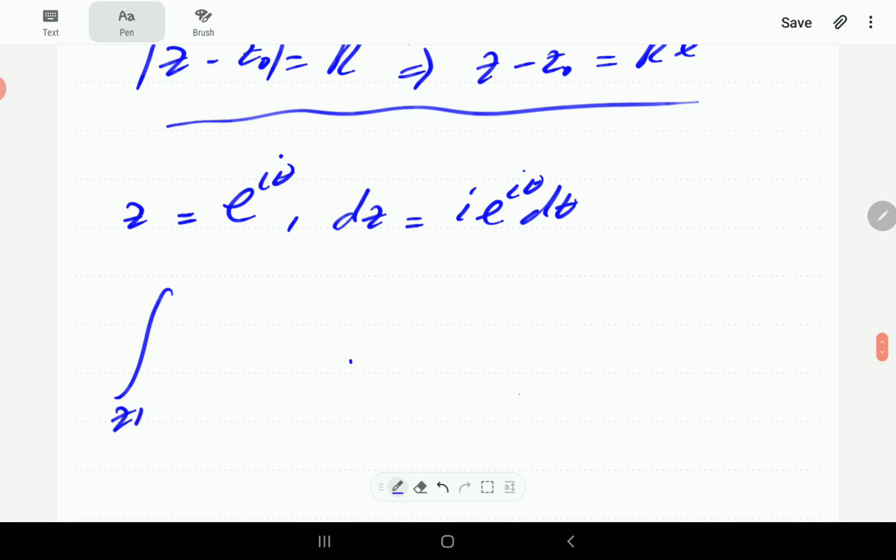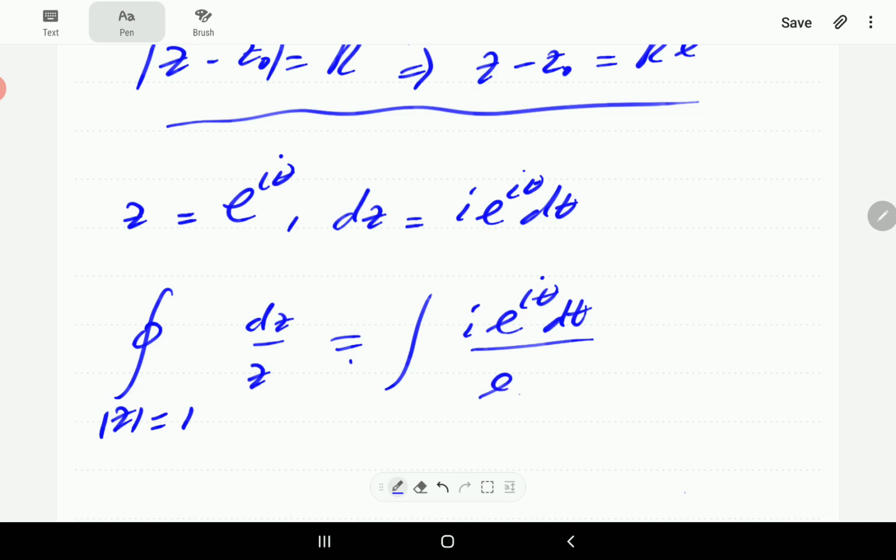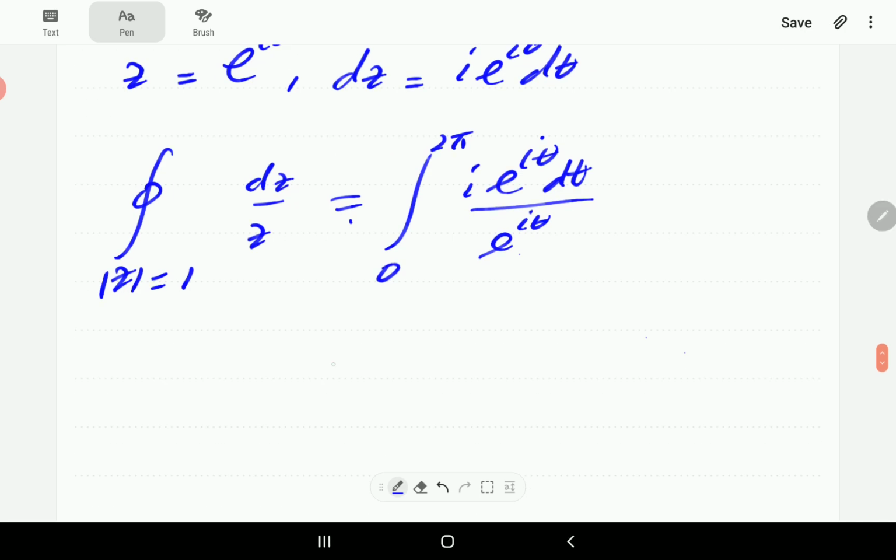So if you write this integral in terms of the parametric equations, which have theta as the variable, dz is i e to the i theta, z is e to the i theta. If you're going around the circle once, it's going to be 0 to 2 pi. Because we could also do negative pi to pi, that's still going to be one rotation around the circle.